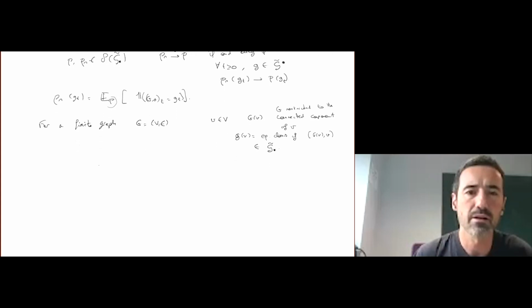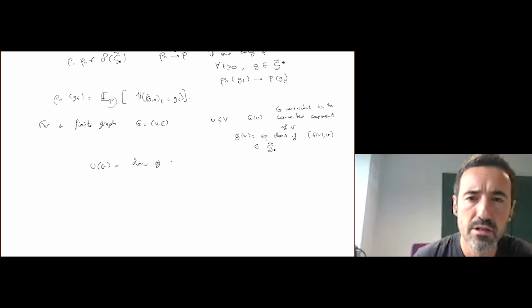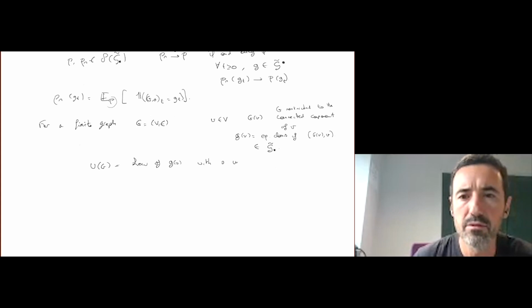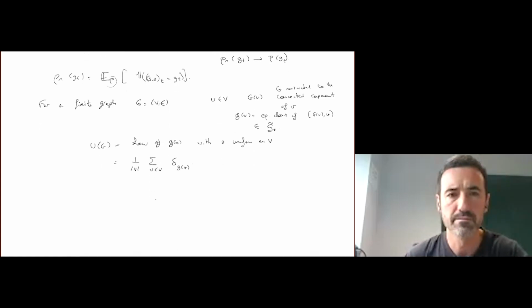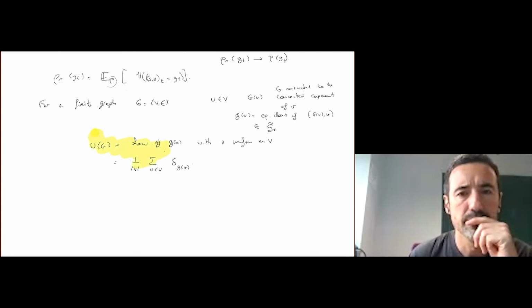Now I can define U of G, which is the law of G of O, with O uniform on V. I can write it as 1 over the cardinal of V times the sum over v in V of the Dirac mass at G of v.